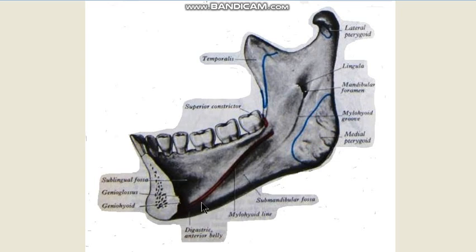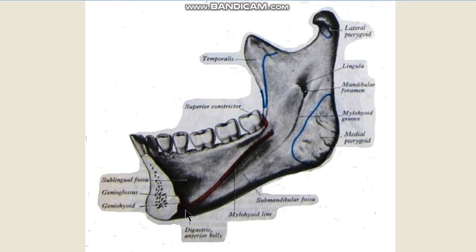So anterior belly of the digastric is supplied by the nerve to mylohyoid, posterior belly of digastric is supplied by the posterior branch of the facial nerve. So the posterior branch of the facial nerve immediately after arising from the stylomastoid foramen supplies stylohyoid and posterior belly of digastric, that is the posterior auricular branch of the facial.